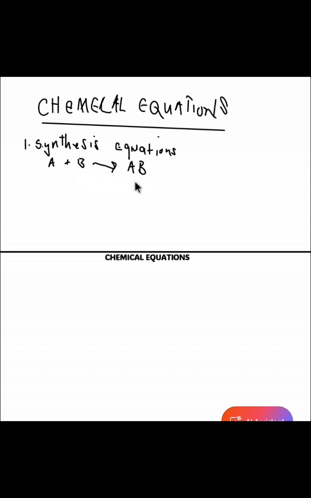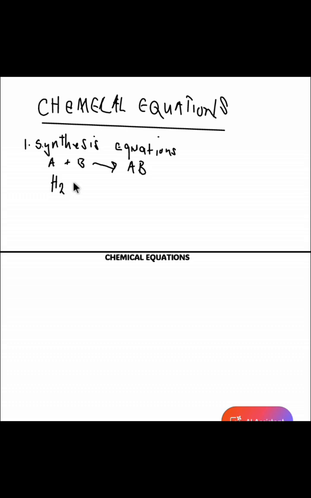In other words, this type of chemical equation is also known as a build-up chemical equation. So for example, if we want to form water, we'll need hydrogen. Remember that hydrogen is a diatomic molecule. Then we also need oxygen, which is also a diatomic molecule.